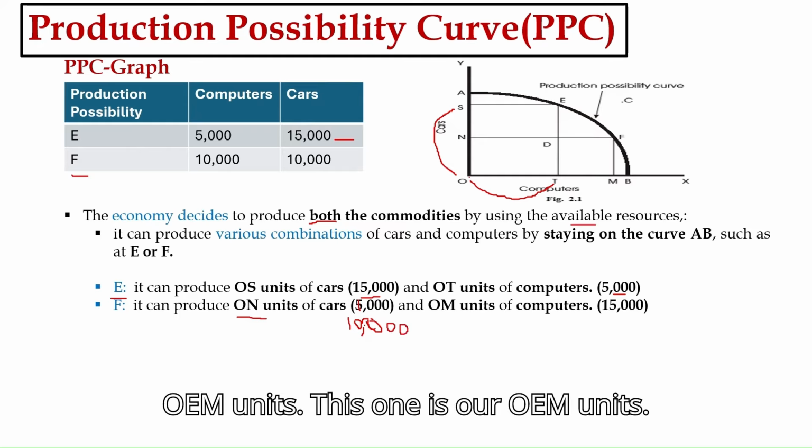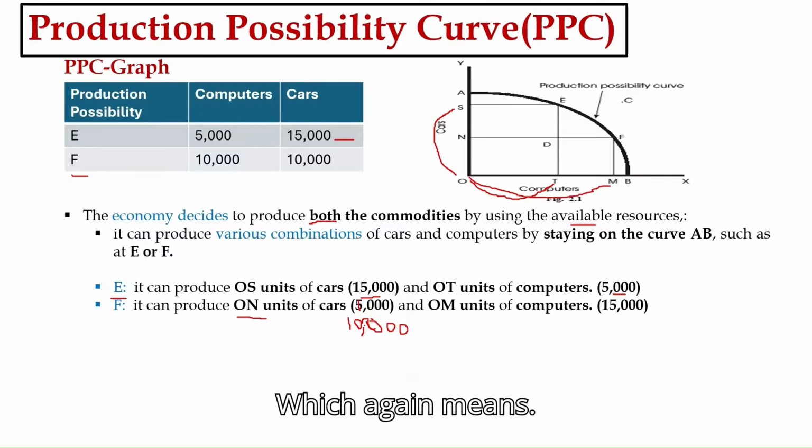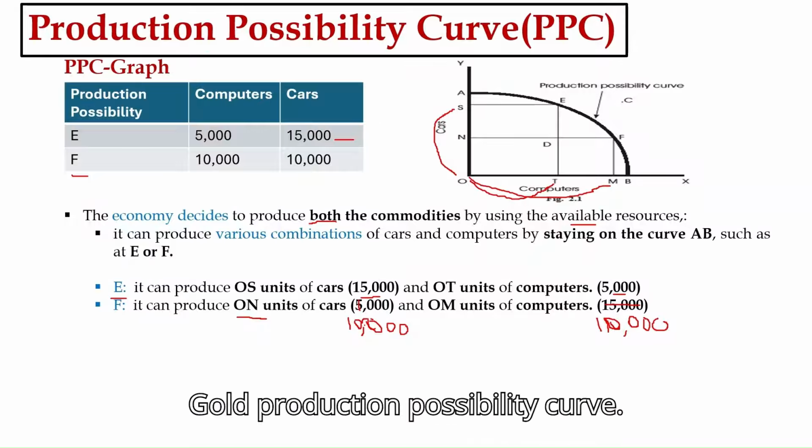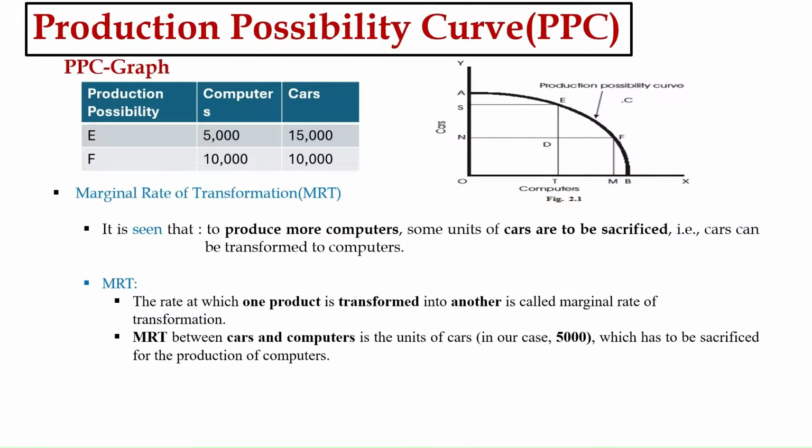This one is our OM units, which again means 10,000 cars and 10,000 computers. They have to be on the same curve, the production possibility curve.